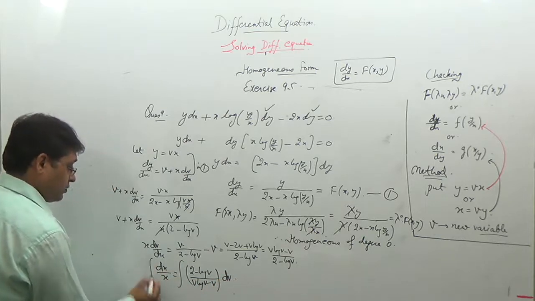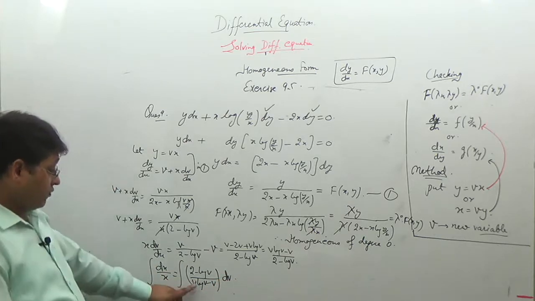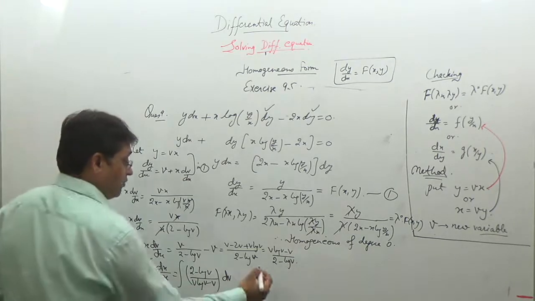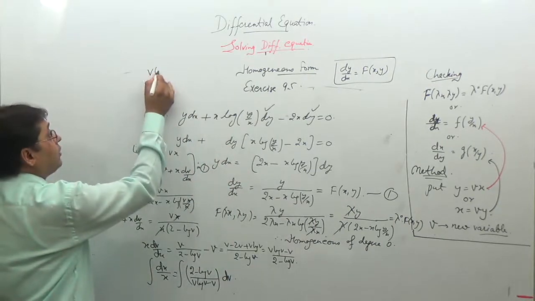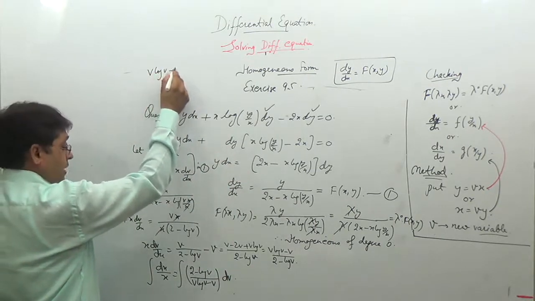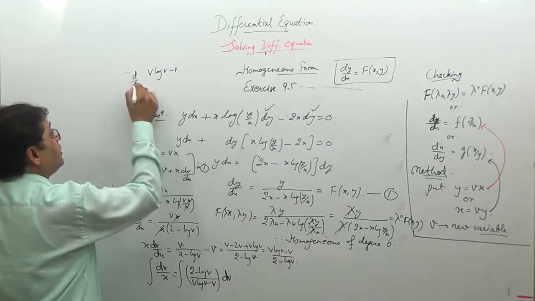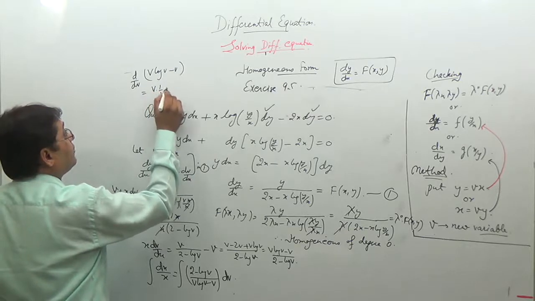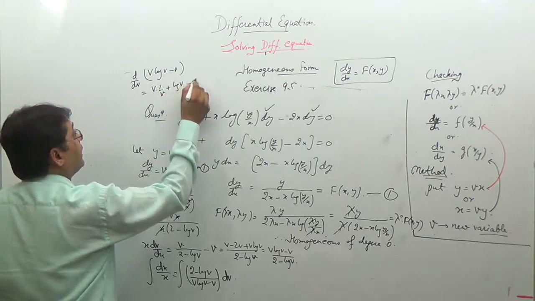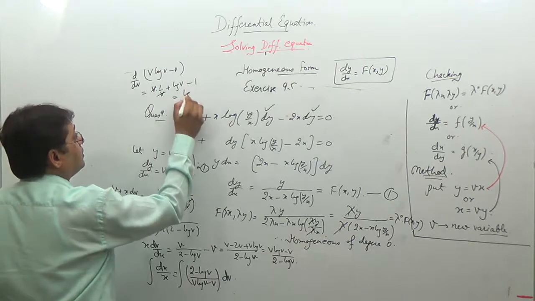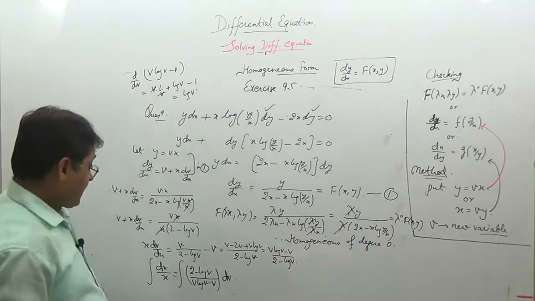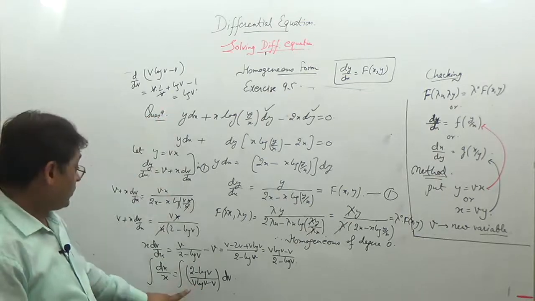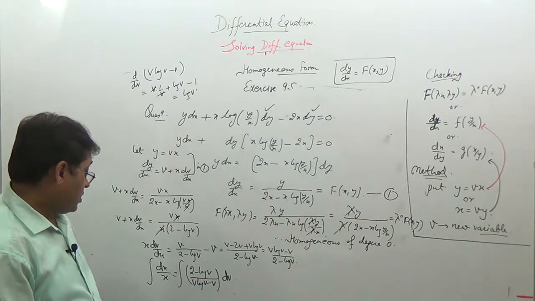Now integrate the terms. Now derivative of v log of v minus v with respect to v will be v into 1 upon v plus log of v minus 1, that is log of v. The derivative of this part is log v, which is written in the numerator also.